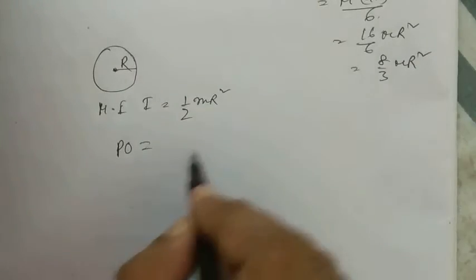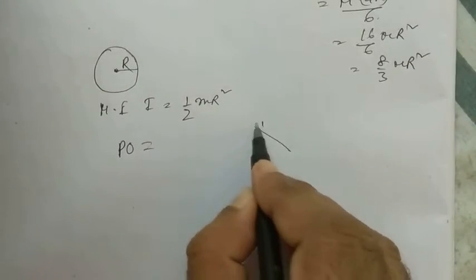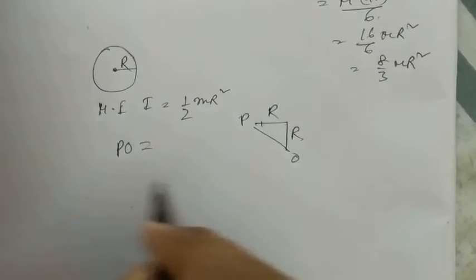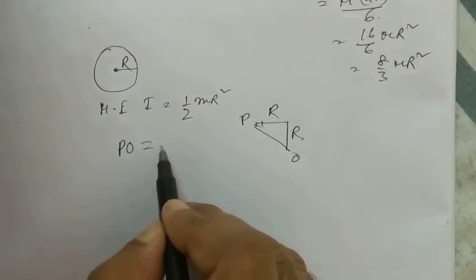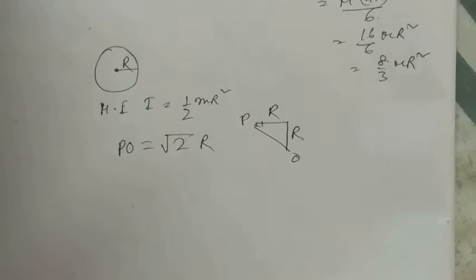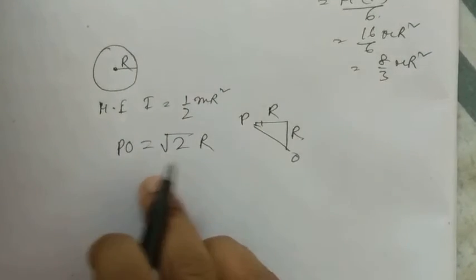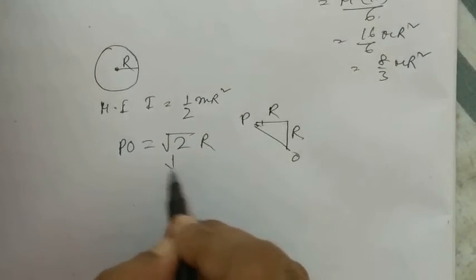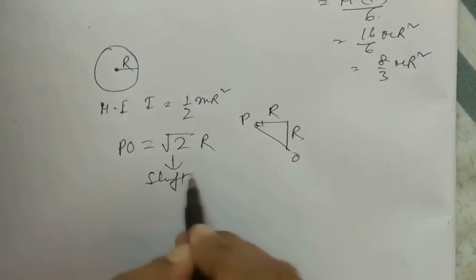This is a triangle with sides r and r, and this is PO. So PO is the square root of r square plus r square, which is 2r square, so PO is root 2 r. So this is the shift in axis.